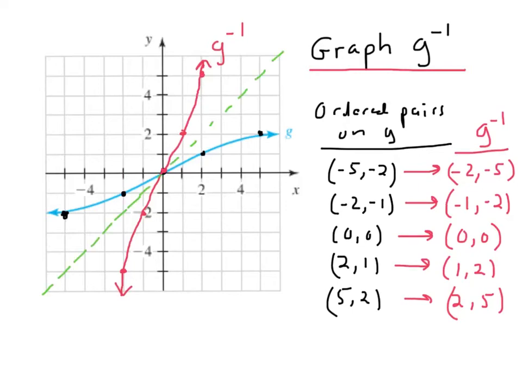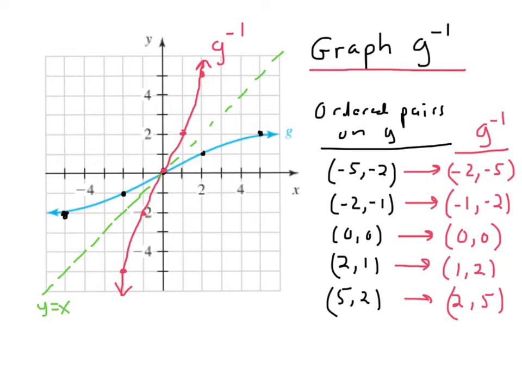Now I've just added a green dotted line, and that's actually the line y equals x. So that's the line where the x and the y coordinates are the same number, like 1, 1, 2, 2, 3, 3, etc. And that goes right up at a 45-degree angle through the origin.